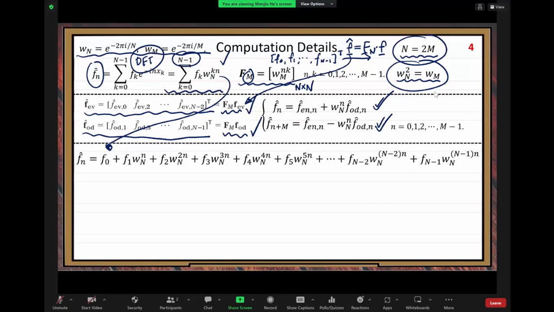Why is this correct? Because this is the definition of the Fourier transform. Remember this formula is derived based on certain computation. The textbook provides some details, which I skip. Here we start from this formula, and we assume it's correct.